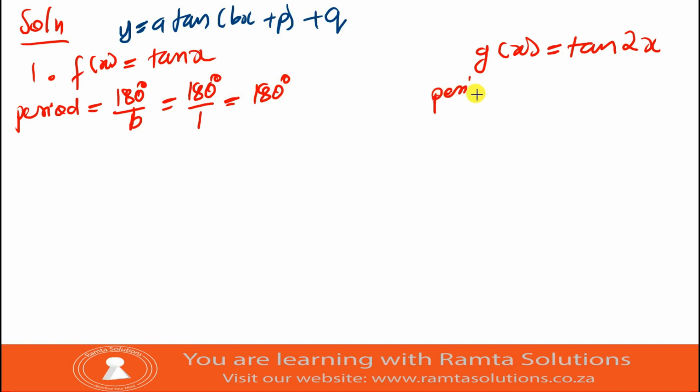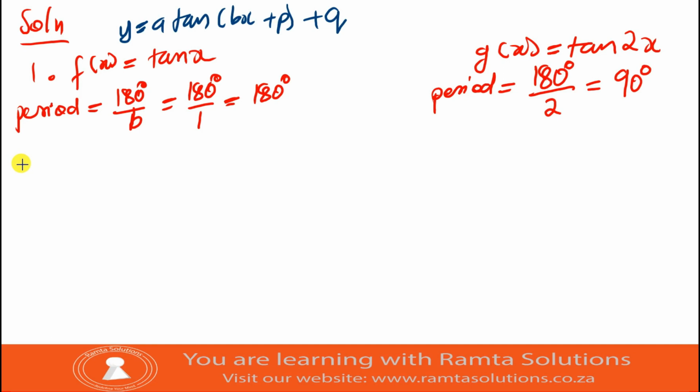For g of x, our period is 180 degrees divided by, what is the value of b? It's 2. Our period is 90 degrees. Now, let's find asymptotes.